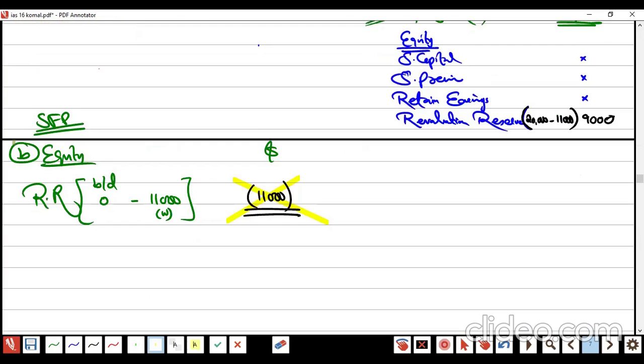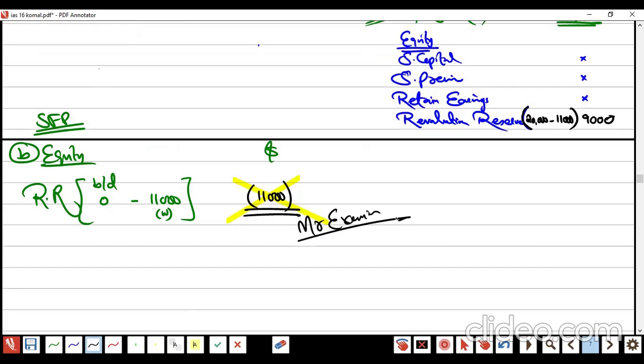So we will say, Mr. Examiner, listen to me. In the case where we don't have sufficient revaluation reserve as an opening balance, or you can say if the deficit is in excess of the opening balance, the negative figure cannot be placed in the SFP.